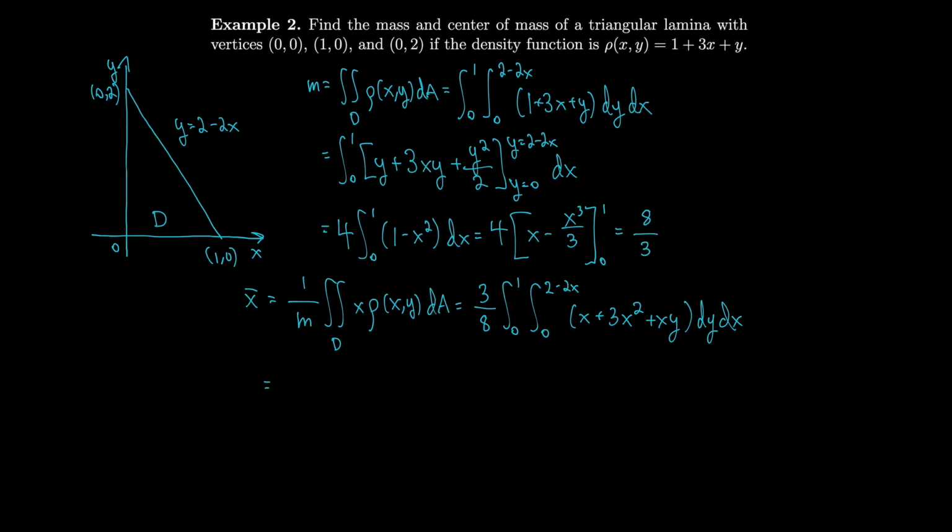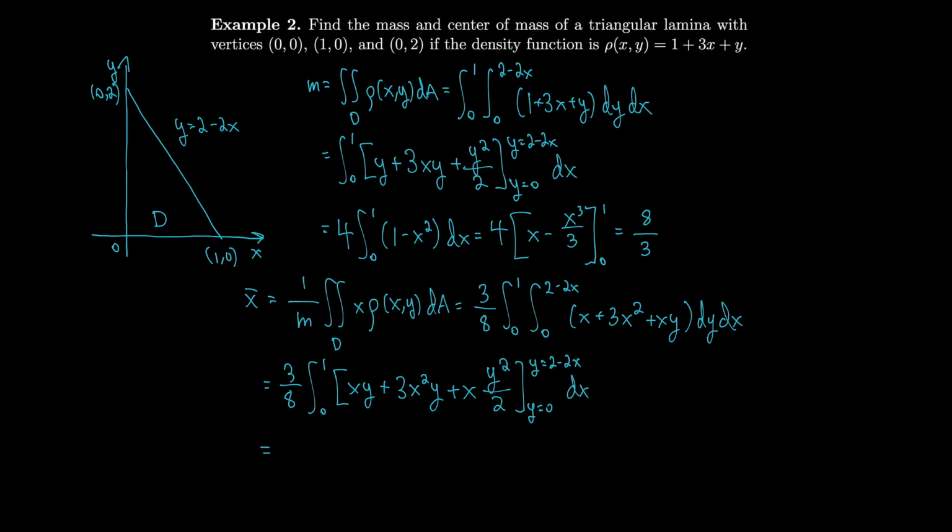And that's 3/8 times the integral from 0 to 1 of xy plus 3x squared y plus x times y squared over 2 from y equals 0 to y equals 2 minus 2x.